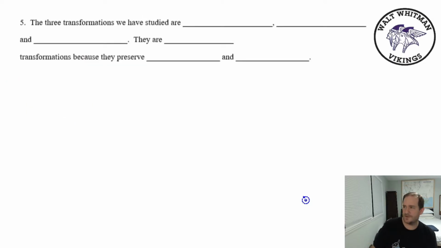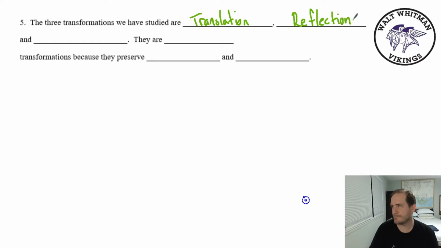Okay, right. So this is just the vocabulary one. All three of the transformations we've been studying are translation first. You don't have to go in any order, but the thing we learned first was translations, then we moved on to reflections, and then finally rotations.